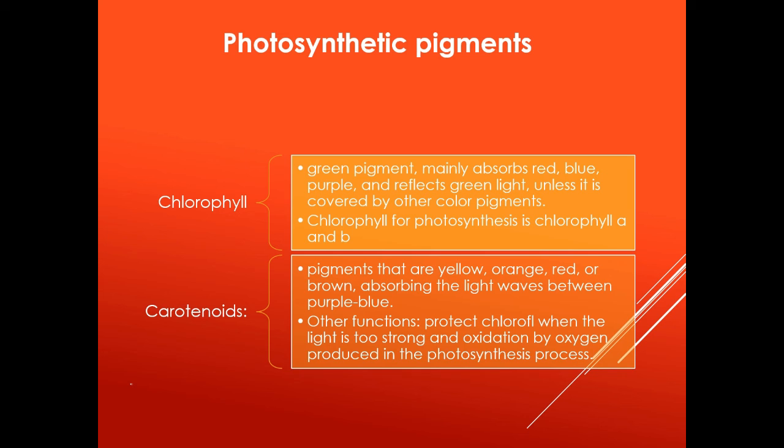The chlorophyll for photosynthesis is divided into two, chlorophyll A and B. And the carotenoids are yellow, orange, red, or brown pigments. They absorb light waves between purple and blue. Their other function is to protect chlorophyll when the light is too strong, and from oxidation by oxygen produced in the photosynthesis process.